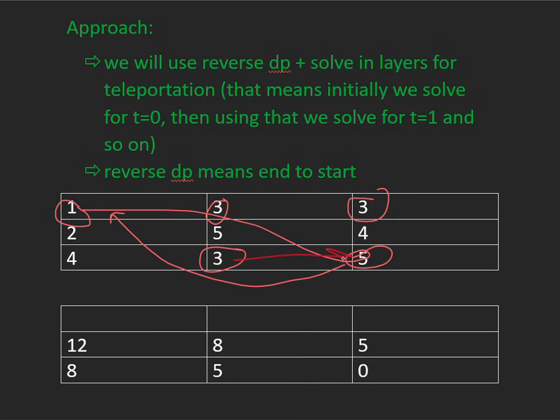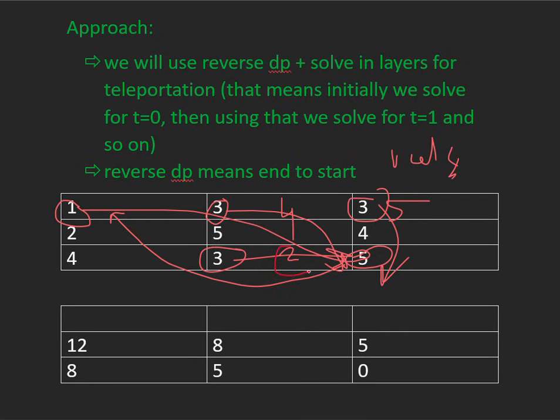This has some minimum distance to the final cell, this has some minimum distance to the final cell, and this has some minimum distance to the final cell. So the value 3 will denote the overall minimum. Like suppose this is taking 5, this will take 4, this will take 2. So value 3 will be storing the minimum of all these values.